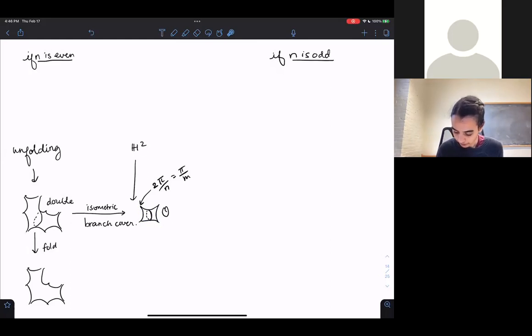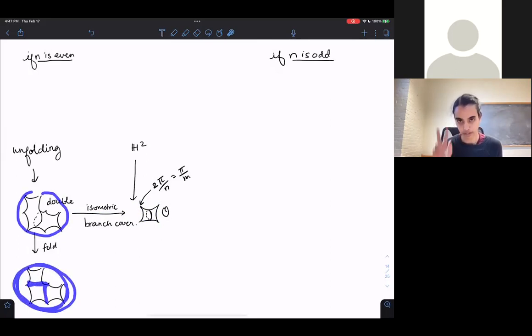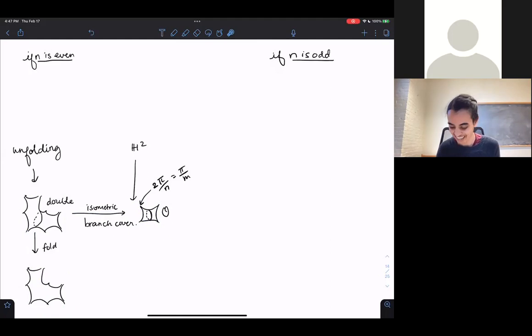Okay, and I can branch cover this orbifold with the double of my polygon. So here's my polygon down here, made out of the three so-called squares. So here's the double, and I can branch cover the pillowcase so that all the cone points here are sent to these cone points here.